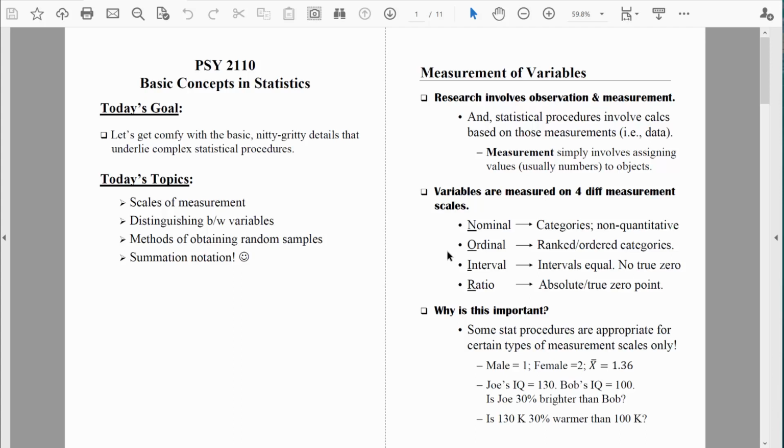But the reason why we want to remember those scales in order is because you're going to see that everything that comprises a nominal scale is included in an ordinal scale, but an ordinal scale includes something else. It's a little bit more sophisticated, a little bit more complex. And all the information included in a nominal or ordinal scale is included in an interval level scale, plus then something new.